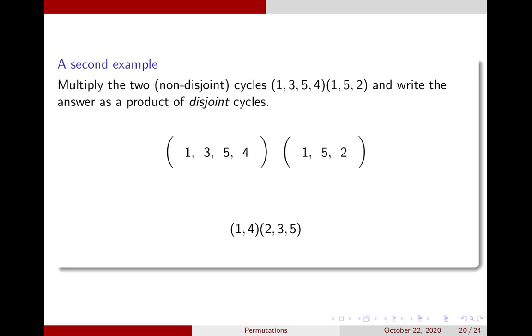And we have succeeded in writing this product as a product of disjoint cycles. This is always preferable, mainly because disjoint cycles commute. They are much easier to work with.